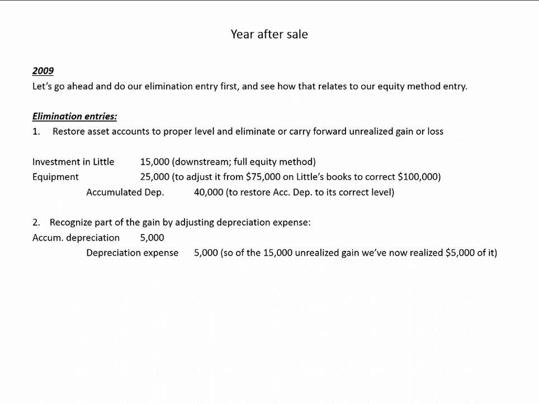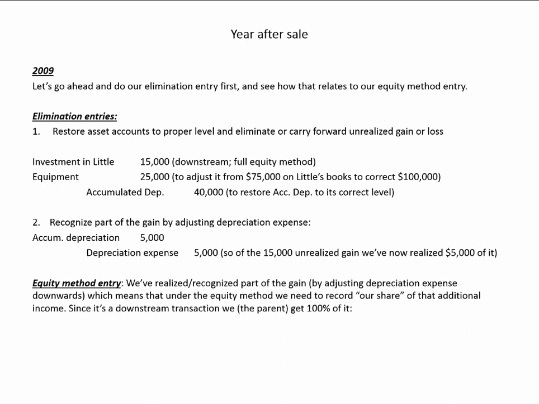And by correcting that depreciation expense, we're increasing our income by $5,000, in essence realizing or recognizing $5,000 of that $15,000 unrealized gain. So what's happened is we carried forward $15,000 as being unrealized. We just realized $5,000 of it, so we're going to carry forward $10,000 to next year. Now let's go ahead and do our equity method entry.